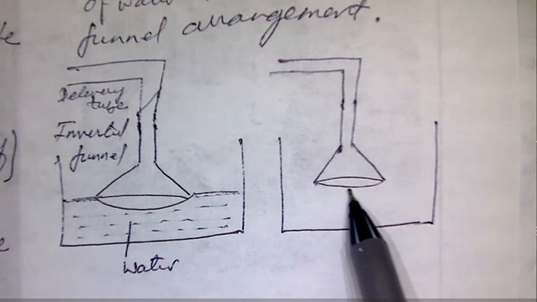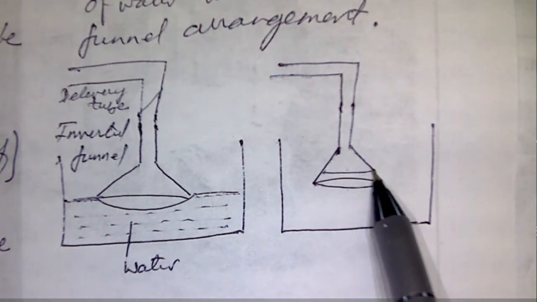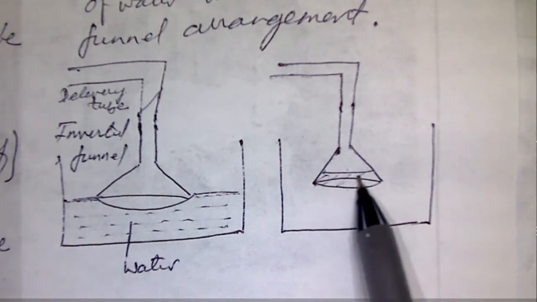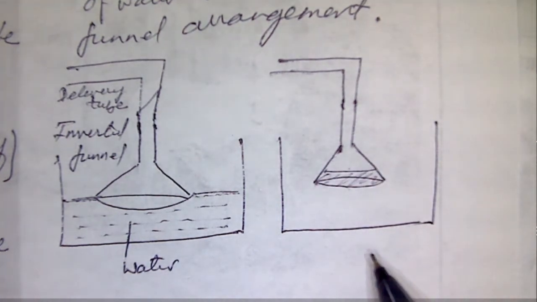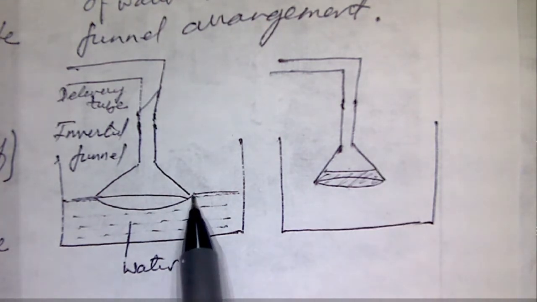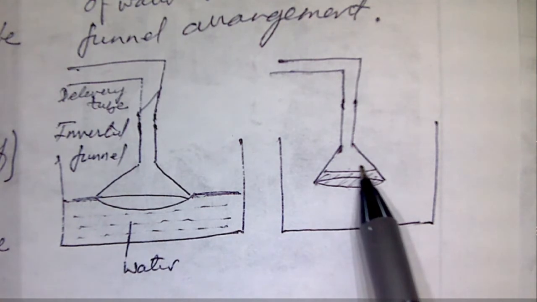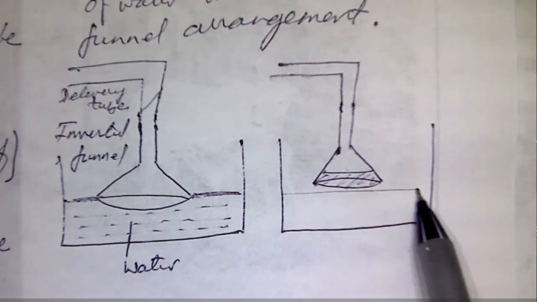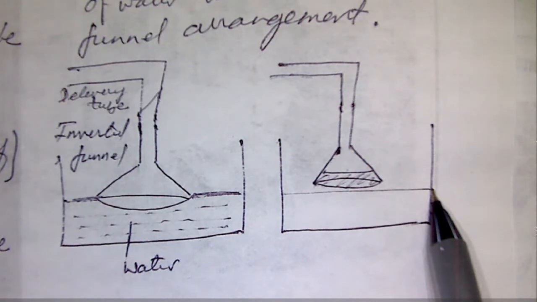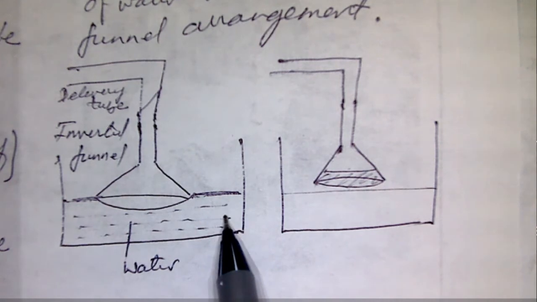Partial vacuum means the gas is dissolved, so water will move up. When water moves up, what happens to this level? This level will move down, isn't it? As water is taken from here, the level of water will go down.